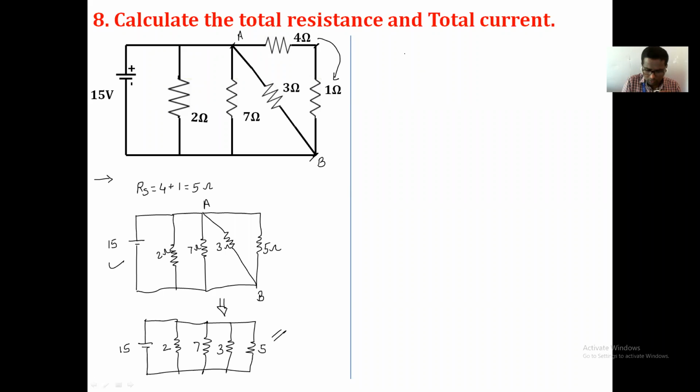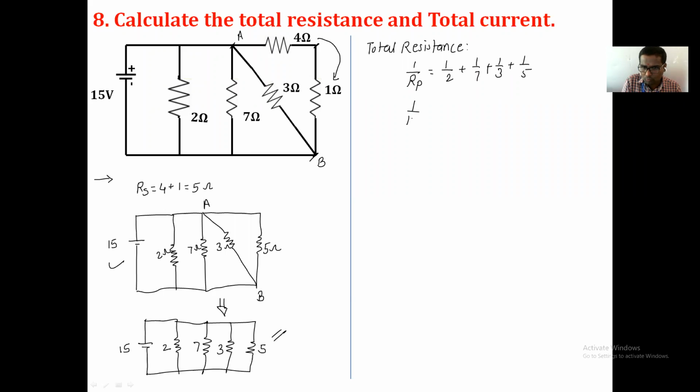So definitely we can calculate its total resistance first. Here I can write total resistance, which is equal to 1 upon Rp is equal to 1 upon 2 plus 1 upon 7 plus 1 upon 3 plus 1 by 5. Can you give me that?